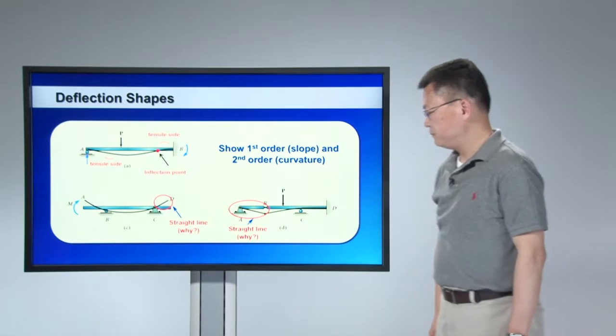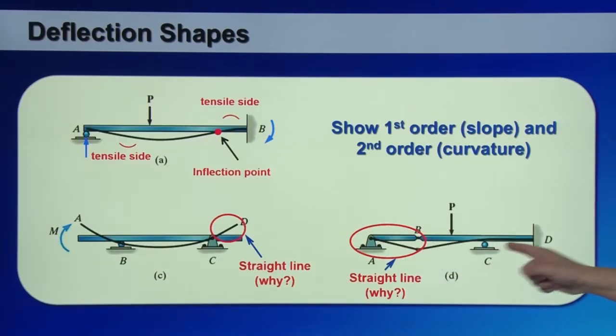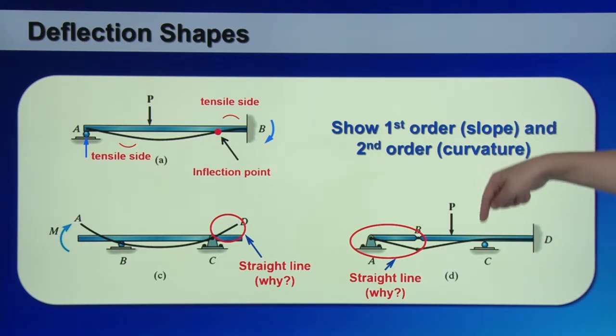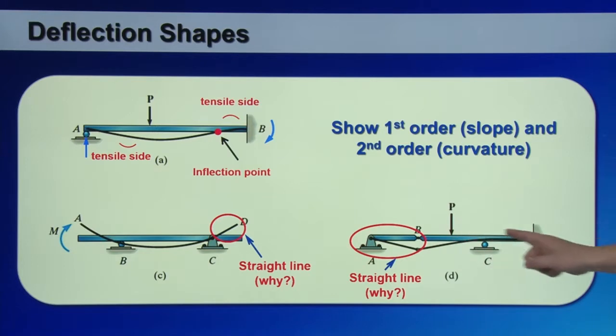The third example, I have a hinge support here, an internal hinge, a roller support, and at the end is a clamp support. There's a vertical downward loading P. So I can draw a possible deflection shape like this. This is a clamp end, so there's no displacement, no rotation angle.